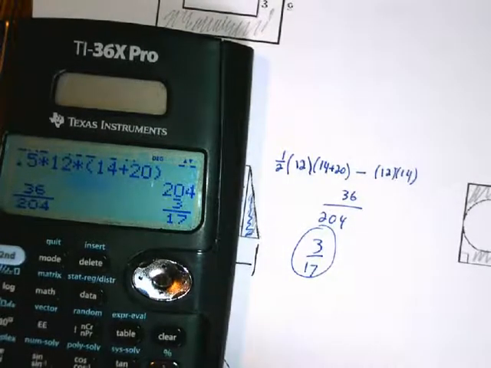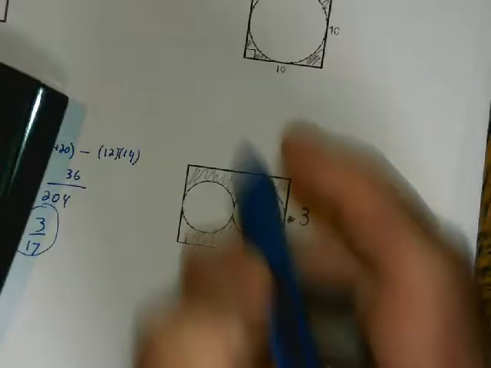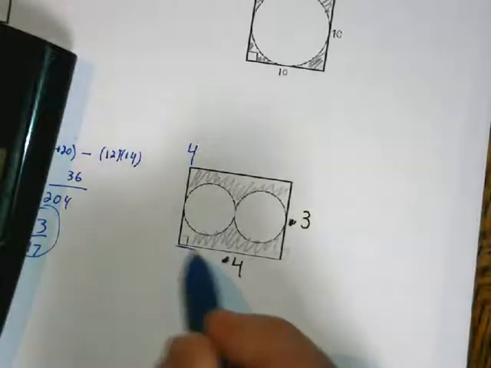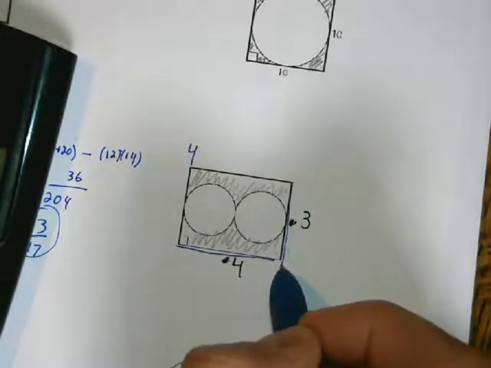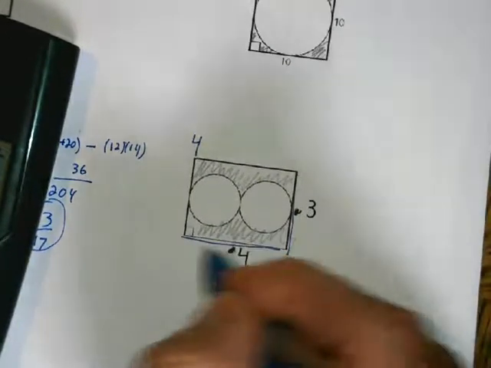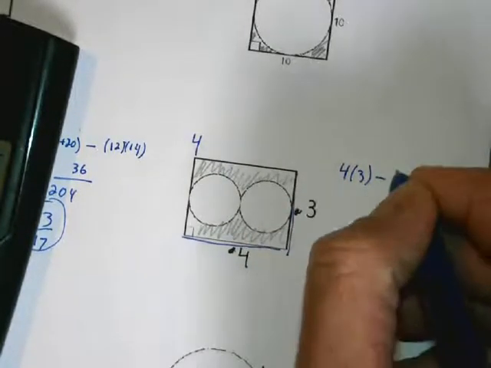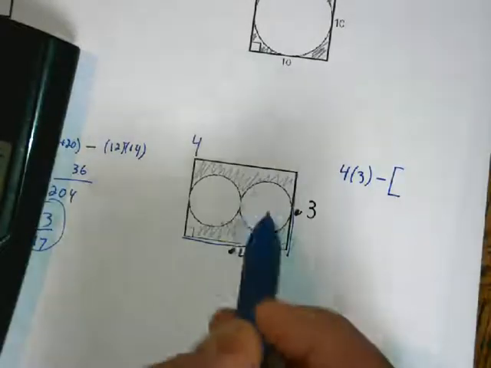Okay. On number 4, what I did is I just rewrote the 4 and the 3. The 4 was all the way across, the 3 is here. Now, to find the area of the shaded region, we have a rectangle, the 4 by 3. And then you have to subtract out, and we'll put this in parentheses because there's 2 circles we have to deal with.